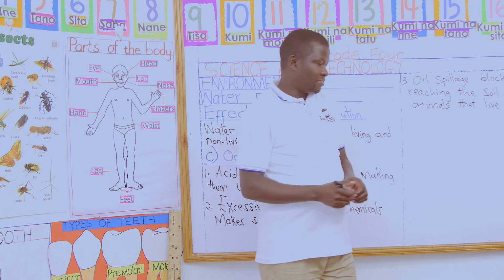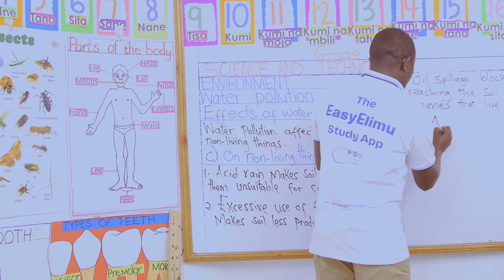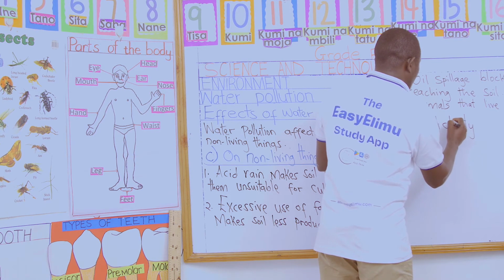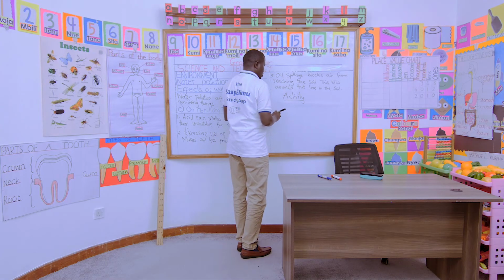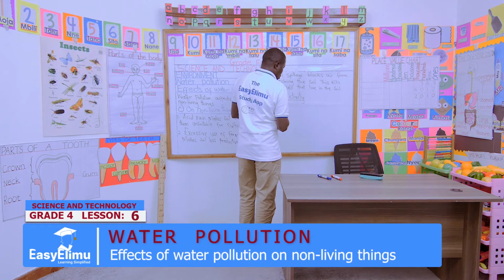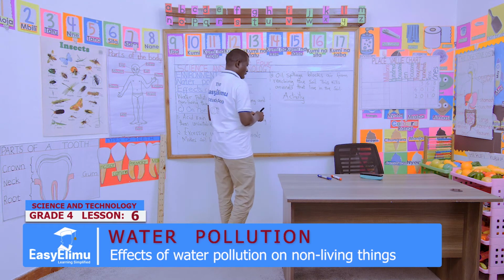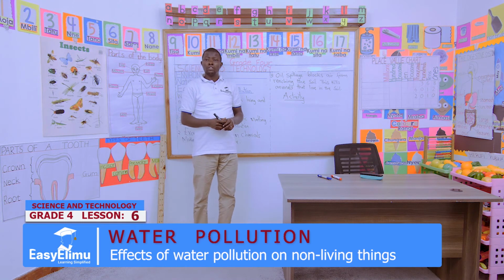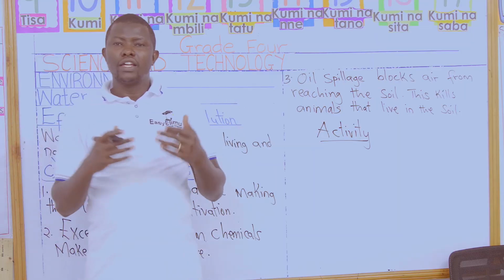And this is our activity for today. As we reflect on our lesson, effects of water pollution on living and non-living things, I would like us to identify more effects of water pollution from our environment.